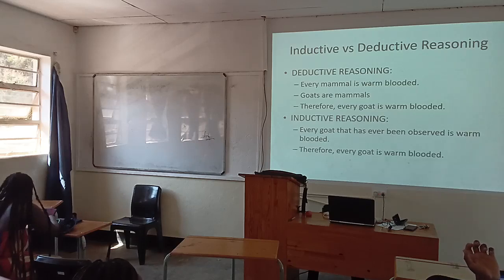You must demonstrate that your premises are logically connected for you to come up with a logical conclusion. Even in this case, the observations must be logically connected in order for you to come up with a logical conclusion.